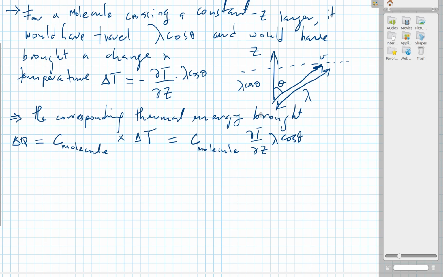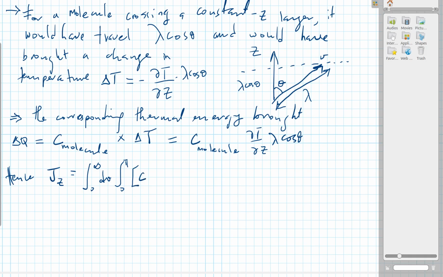That way we can compute the heat flux Jz, which is going to be integration from 0 to infinity dV and integration from 0 to pi times the change in thermal energy brought by a single particle, which is what we have discussed above.